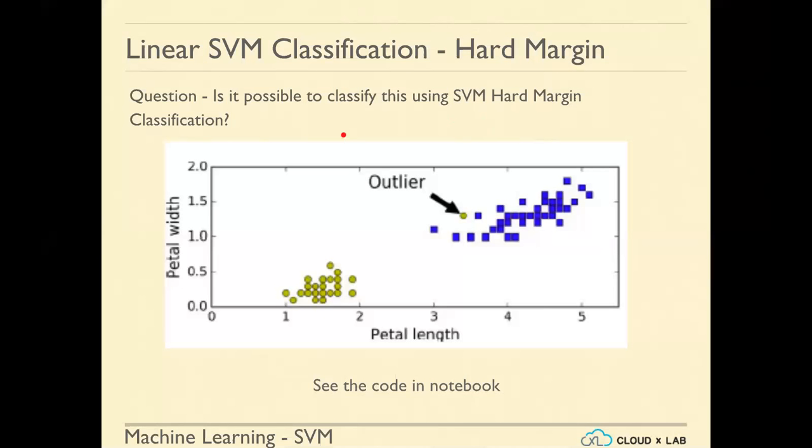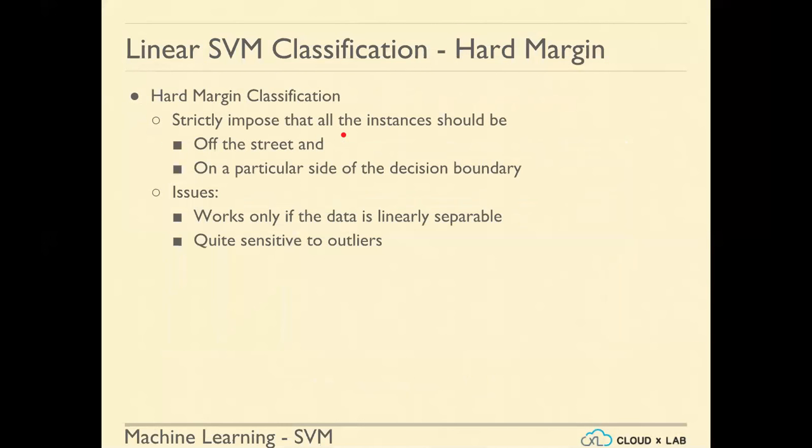So the hard margin is that we don't tolerate any violation. It only works when the data is linearly separable. We strictly impose that all of the instances should be off the street, and all of the instances should be on the same side of the decision boundary.